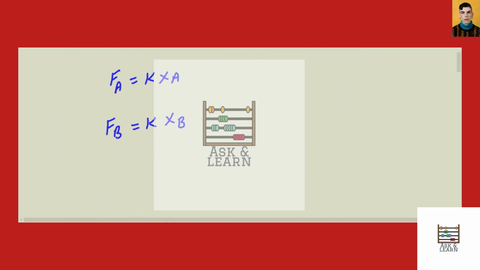So we have found that FA is 15 Newton, which is equal to the stiffness of the spring times the stretch in spring A. From here, xA, the stretch of spring A, is equal to 15 divided by the stiffness of the spring.